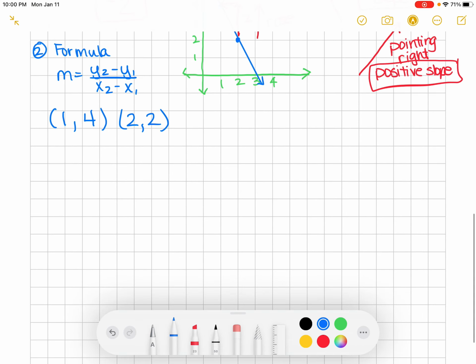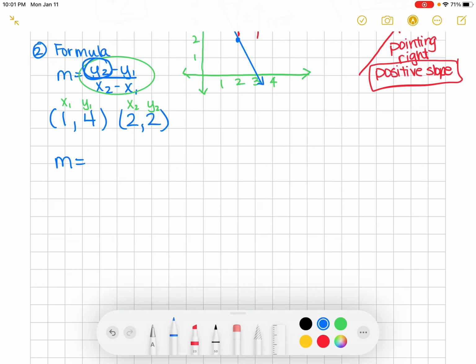Okay, so let's just look at the formula part of this. Remember, this is x1, y1, because that's the first point, and x2, y2, because that's the second point. So now I'm going to take each of those numbers and plug it into this formula. So I'm going to have m equals, now what is y2?